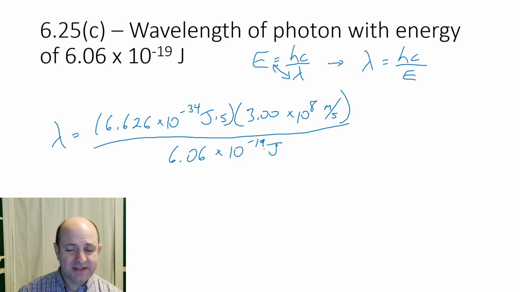So again, I'm expecting something close to visible. Joules cancel, seconds cancel. We're left in meters, which is good. That's a wavelength. So now we plug it all in. If you have a graphing calculator, which you're not really supposed to for this one, but if you have a multi-line calculator, for this class we can punch in this whole thing all at once.